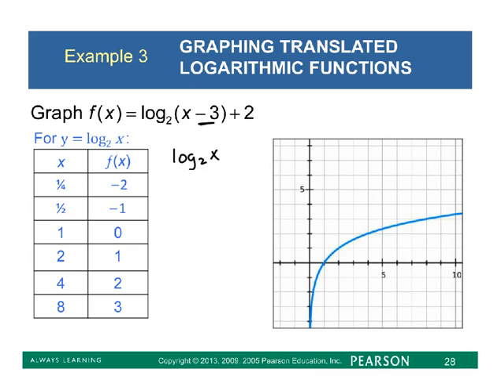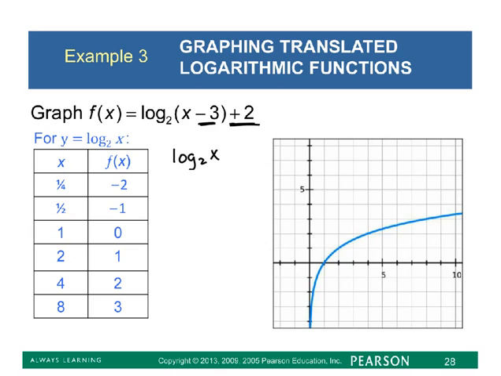So we have minus 3 on our x value, and then adding 2 to our entire function. So to get this graph, we're going to take the one that we have graphed already and then shift it 3 units to the left and then up 2 units.